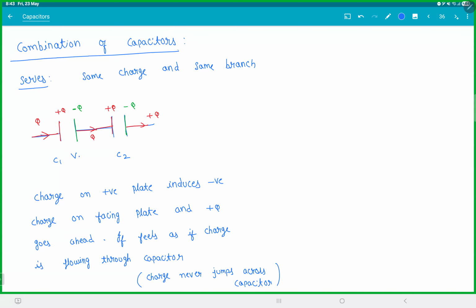So let the voltage of this capacitor be V1, let the voltage of this capacitor be V2. You are trying to replace this whole thing with one C equivalent whose voltage is V1 plus V2. V1 and V2 are potential differences across the capacitors.